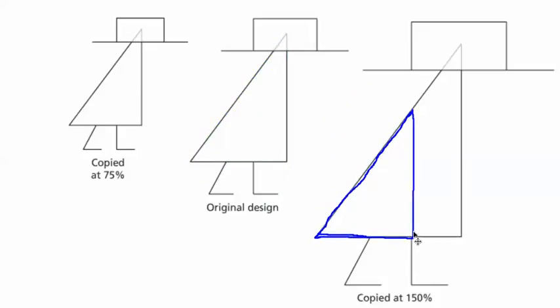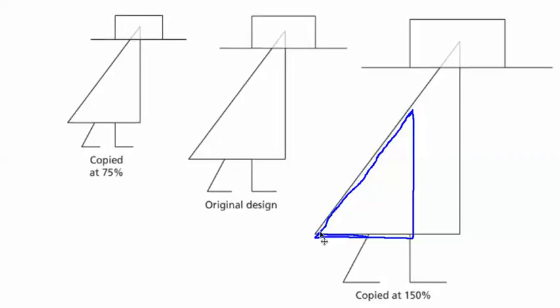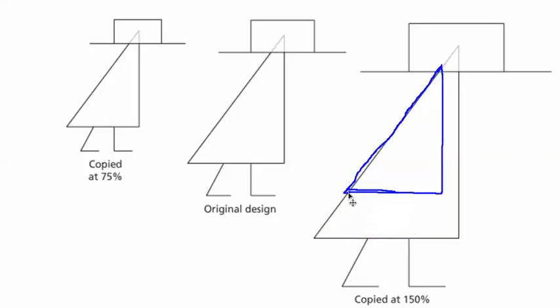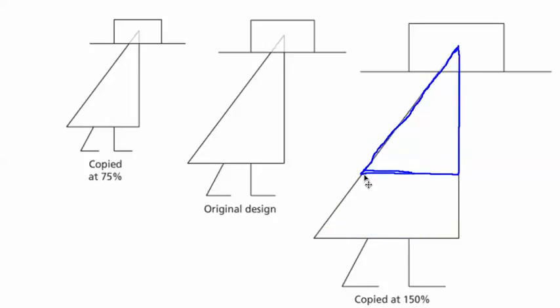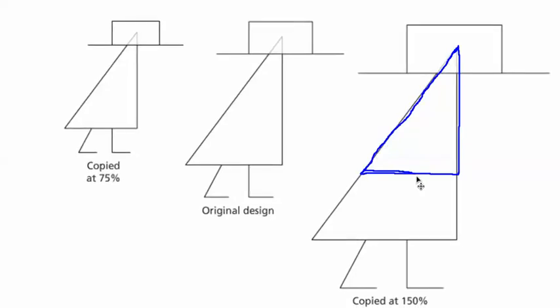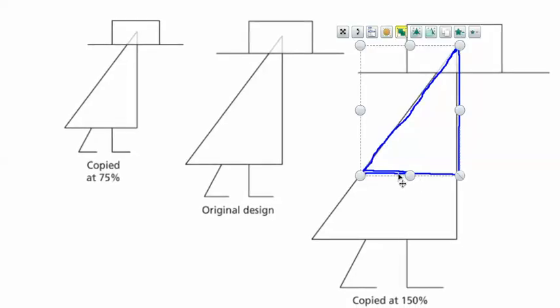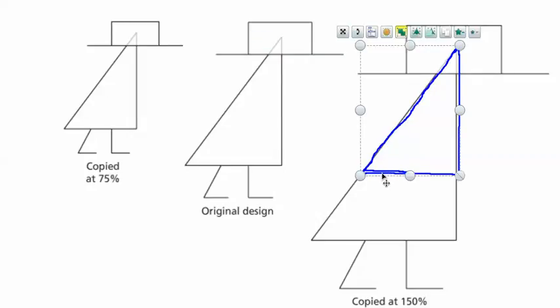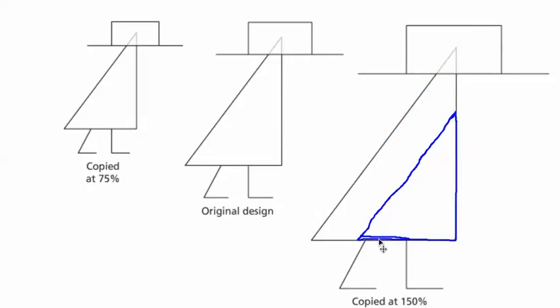So we'll start with the angle down here, and as you can see, it's the exact same angle, and then the one up there is the same angle. And down there, it's the same angle.